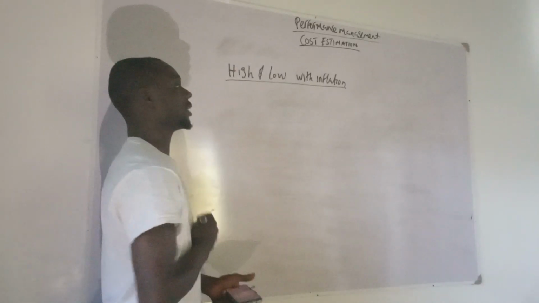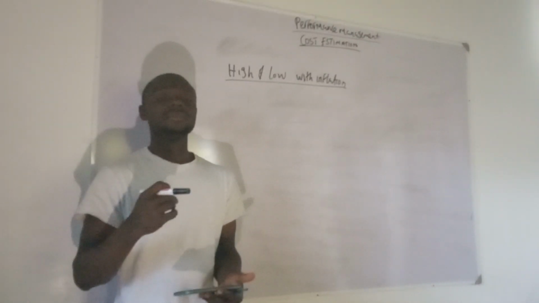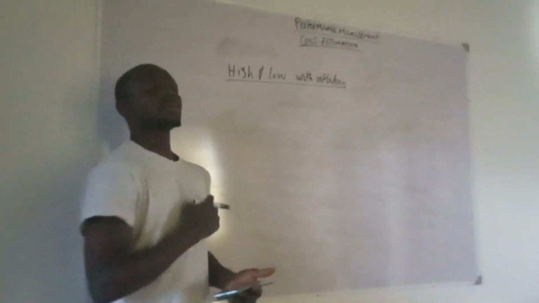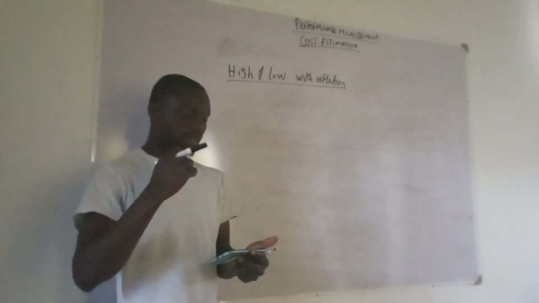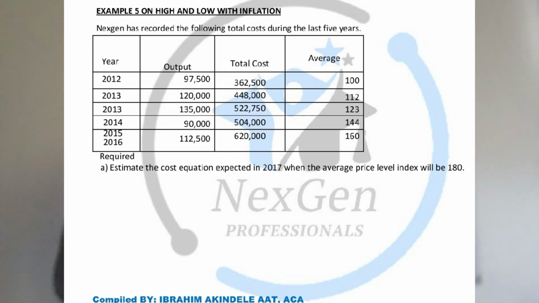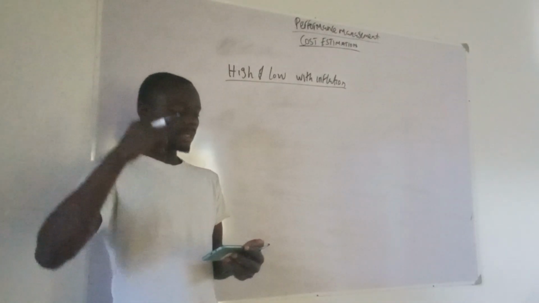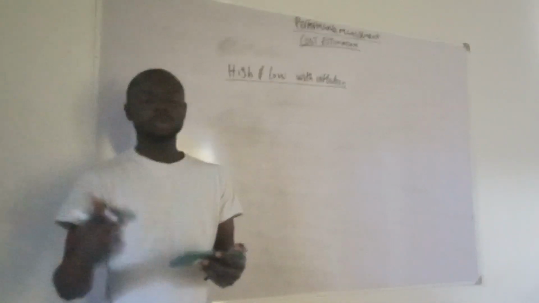The first thing you need to do when a question is given is to quickly look at the requirement. You can see that it says estimate the cost equation expected in 2017 when the average price level index will be 180.